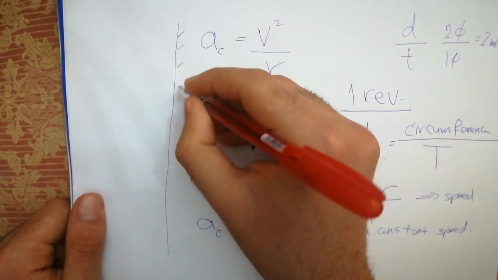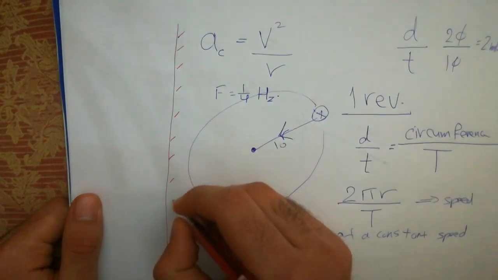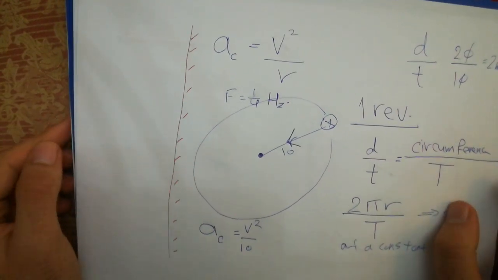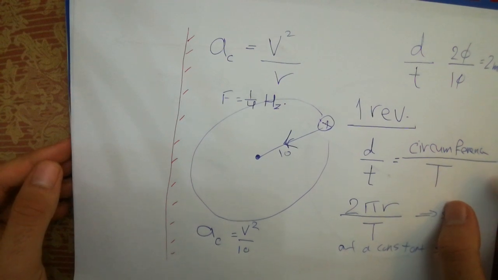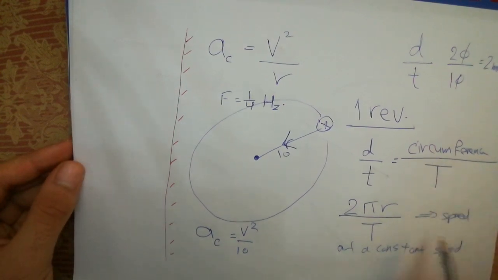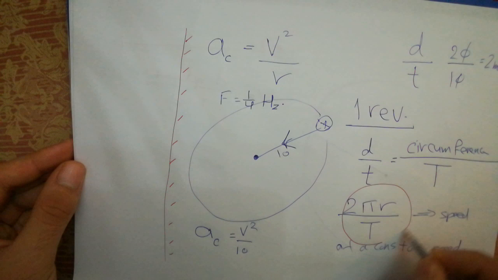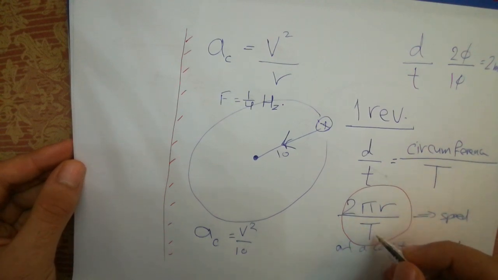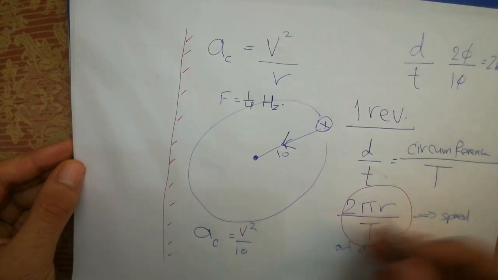Hopefully this gives you an idea of how hard I work to make these videos as creative as possible. So we understand the frequency is 1 over 4 hertz. Now we need to bring the velocity, which is this right over here. I know the radius is 10. And so if I can bring the period, I'll be able to find the speed, put it over here, and be over with.